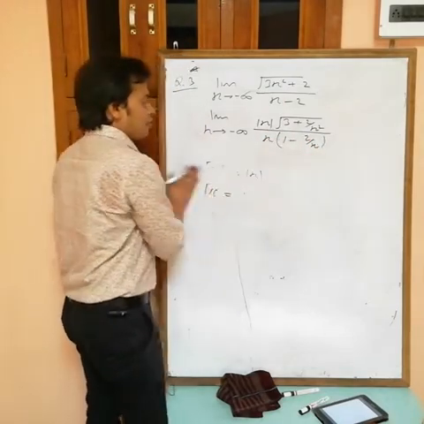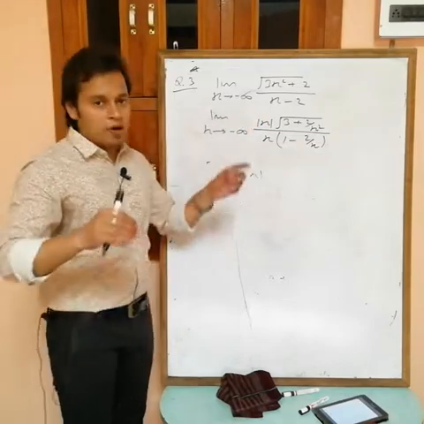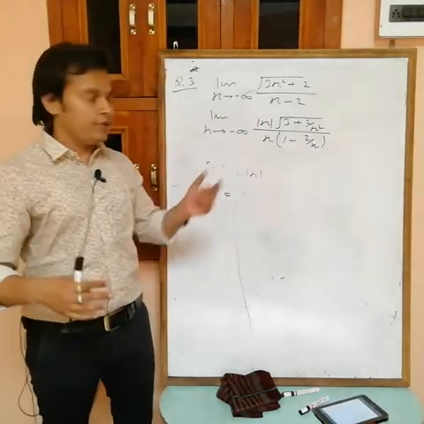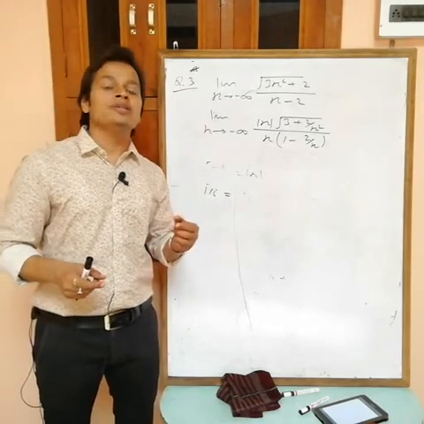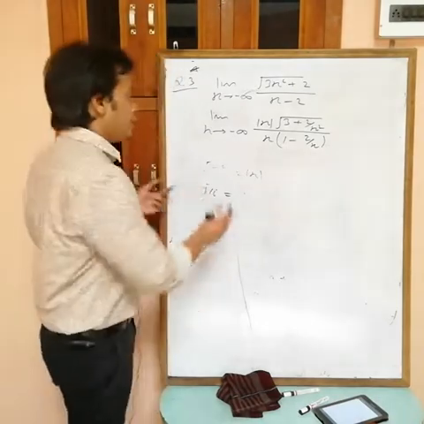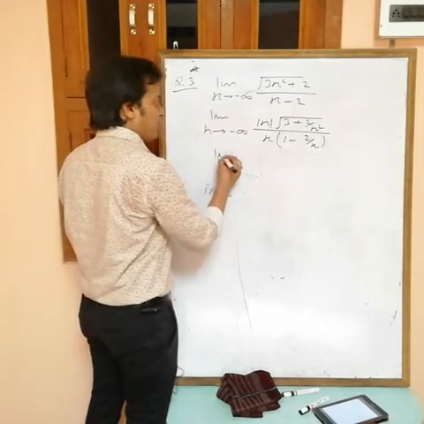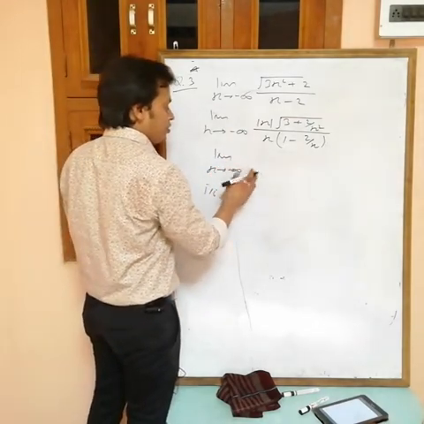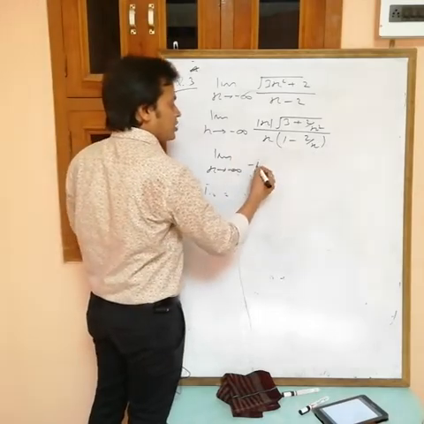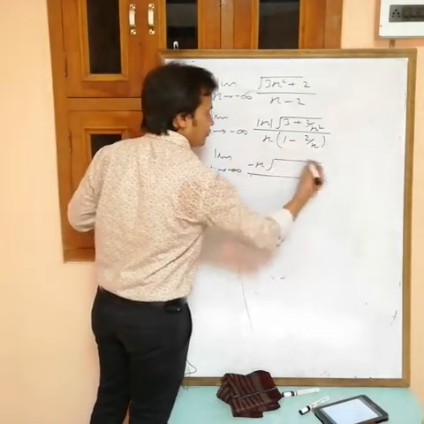Now see the value of mod x. If x is positive, then mod x is equal to x. If x is negative, then mod x is equal to minus x, and here x is negative. Limit x tending to minus infinity means x is negative, so mod x equals minus x.